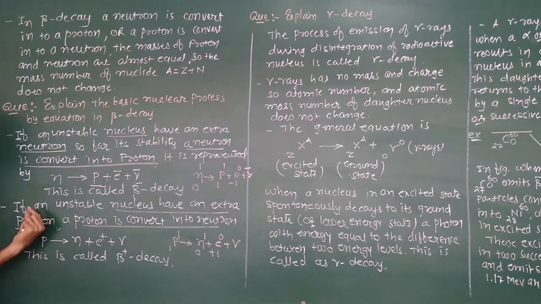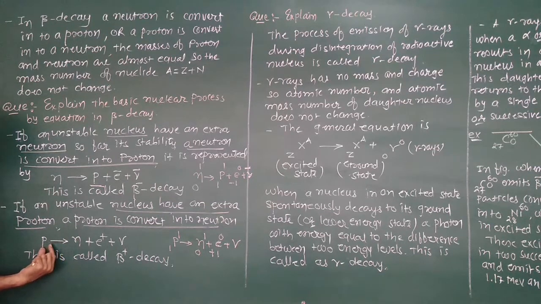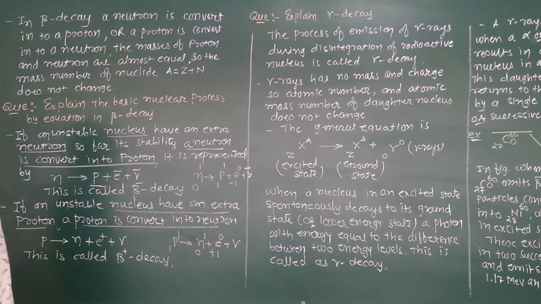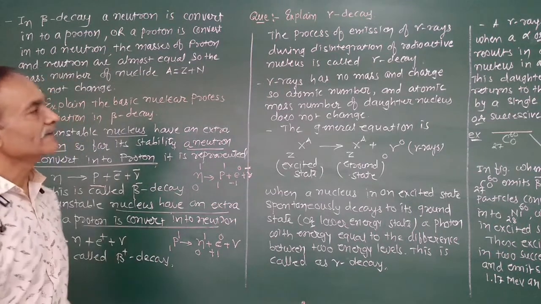Again, if an unstable nucleus has an extra proton, this proton is converted into a neutron plus positron plus neutrino. Thus, the positron is emitted and this process is called beta plus decay.